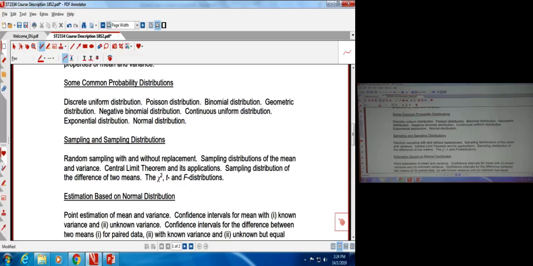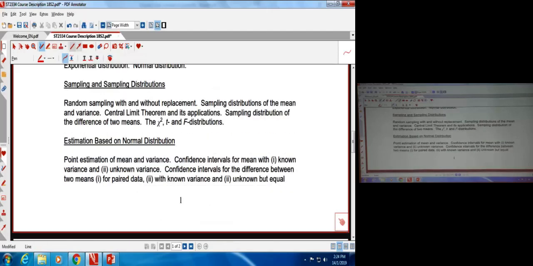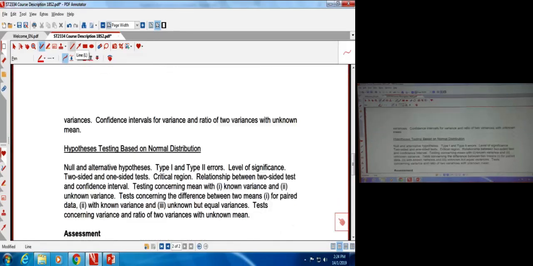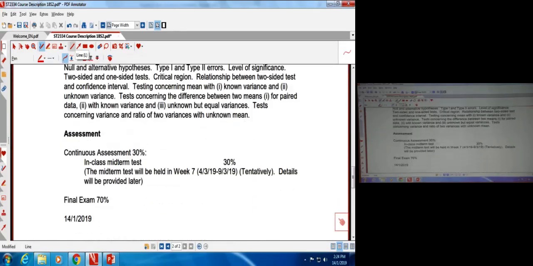By the way, I forgot the most important thing. I hope this information is correct at this point of time. What you worry about, what you're interested in most: CA. There is only one CA, one midterm test, 30%.